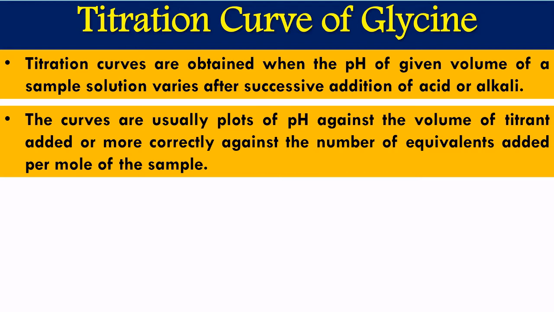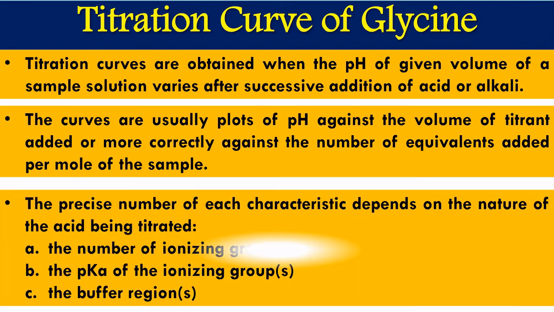On one axis we have the acid or alkali added, and on the other axis we have the pH, and then we see how many equivalents are required per mole for the neutralization. The nature of the acid being titrated depends on the number of ionizable groups, the pK of the ionizable groups, and the buffer regions.